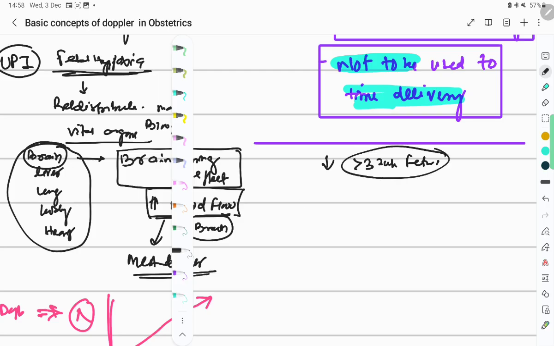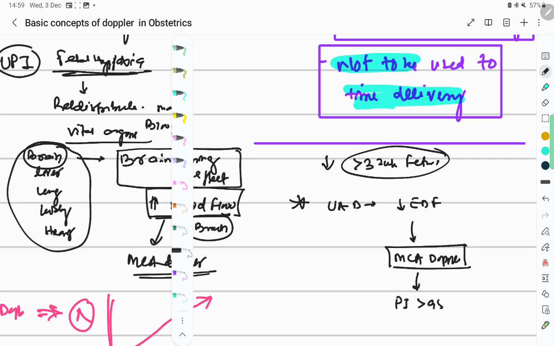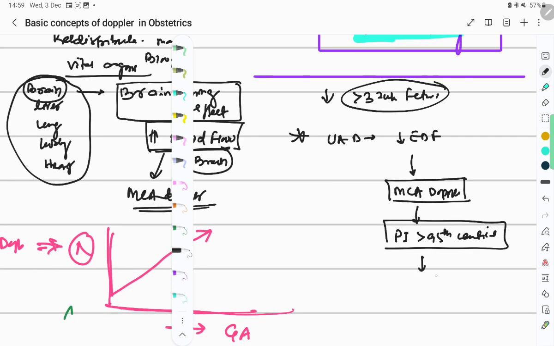So for example, if you get an umbilical artery Doppler with reduced end diastolic flow, next we will do an MCA Doppler. And if the MCA Doppler shows changes, that is increased diastolic flow, or MCA Doppler PI is more than 95th centile, then accordingly we will plan for delivery depending upon the clinical condition, fetal weight, and risk benefit ratio.